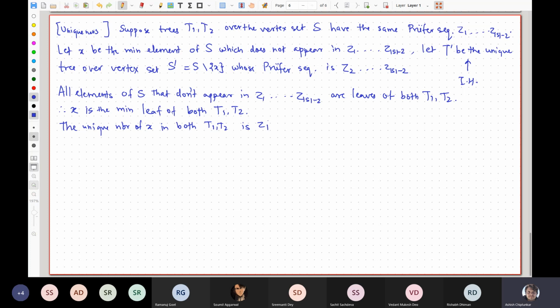Again, everything is by definition of the Prufer sequence. So in both T1 and T2, the unique neighbor of X is Z1, and if I remove X and that edge X Z1, whatever I'm left with is the unique tree T prime.